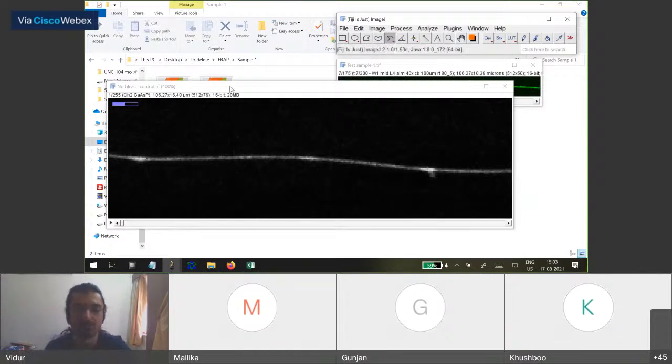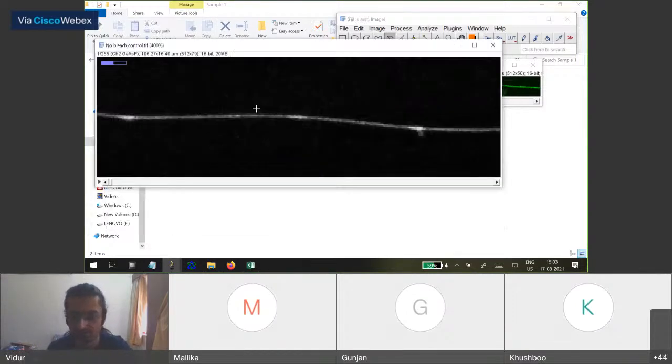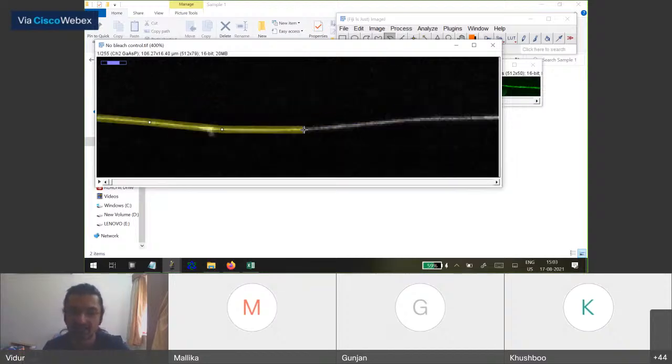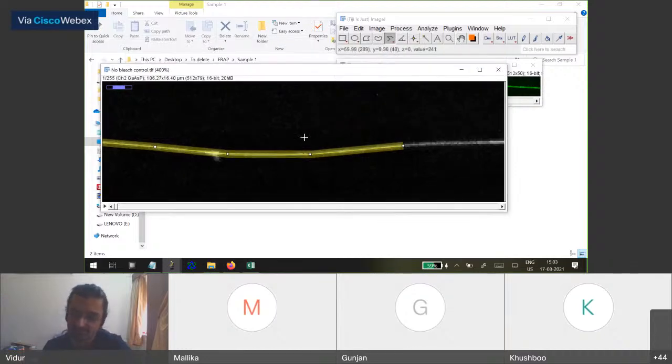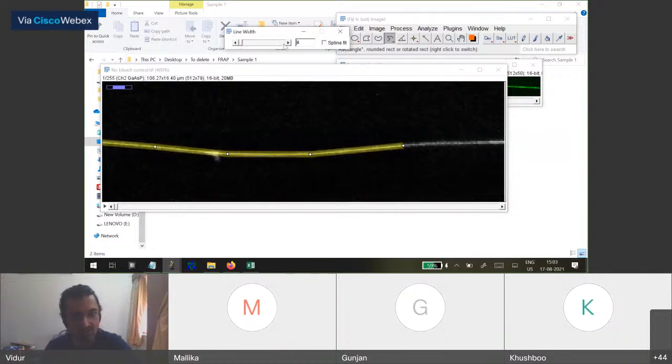In our case, if you open the neuron and hit the plus button on your laptop, you can zoom into the image and mark different points on the neuronal process such that the line is drawn. To specify the line width, which is how big this line is, you double click this line icon, which will open the line width column here. And here you can specify whatever width you want.